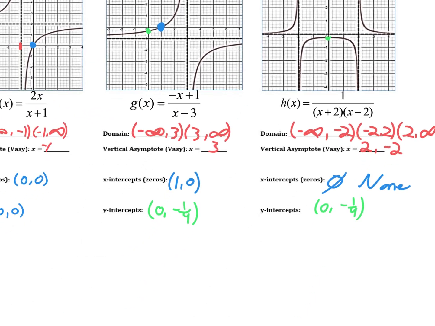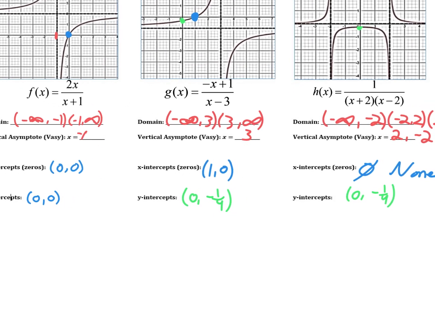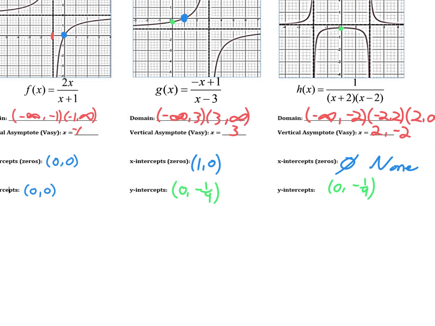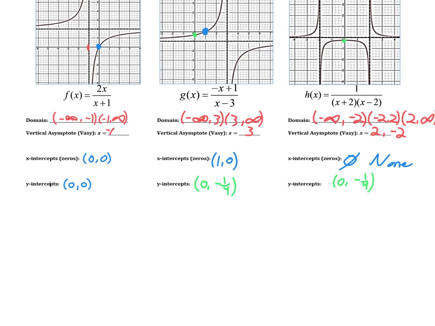All right, so now let's take a look at the functions themselves and see if we can draw any conclusions. Now, some of you guys might remember this from pre-calc, and if that's the case, good on you. We already discovered that the asymptote value is always reflected within the domain. But let's look at the original function as well.